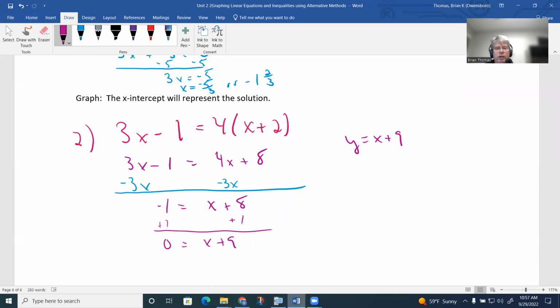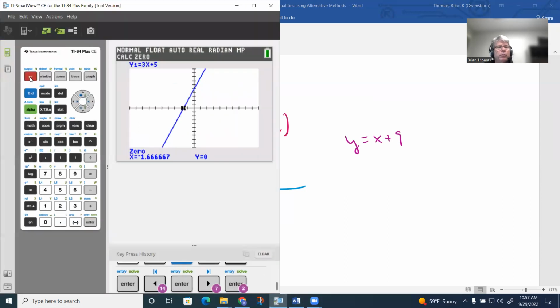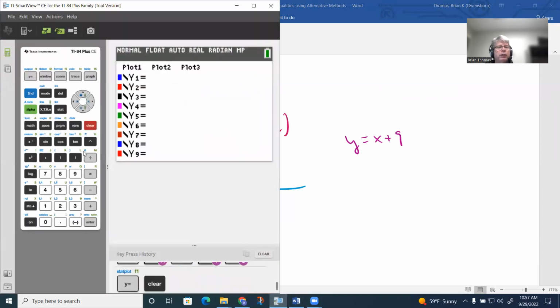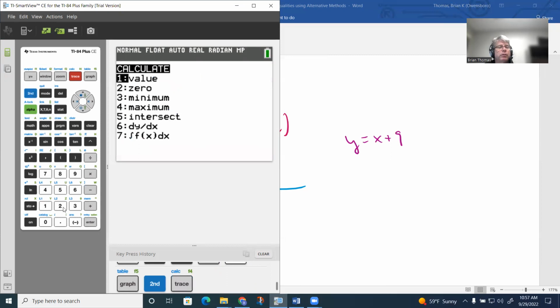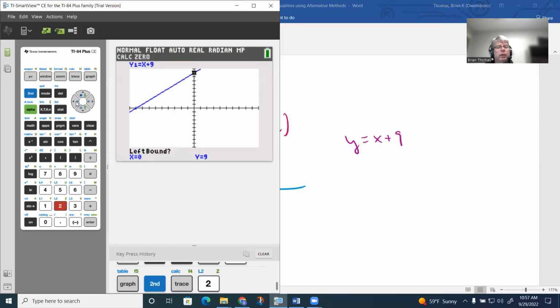So using my graphing calculator, we have y equals, then we can clear this off and hit x plus 9. If we hit graph, I do see the x-intercept, so I have enough of the graph here. Now if I want to find the x-intercept, hit second calculate. Number 2 is 0 or x-intercept. Left bound means to be left of the x-intercept.